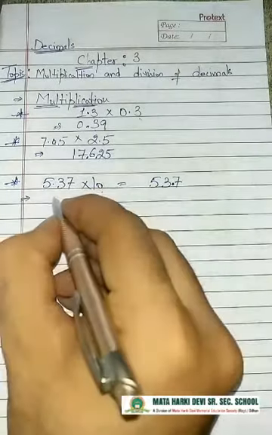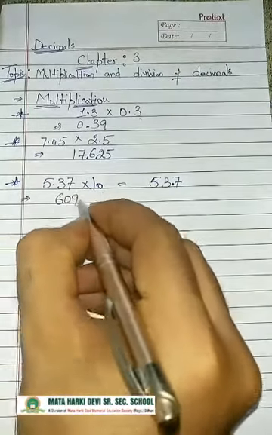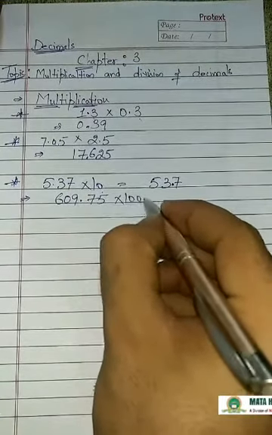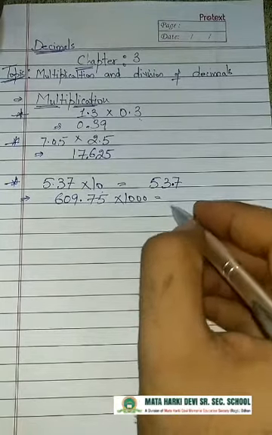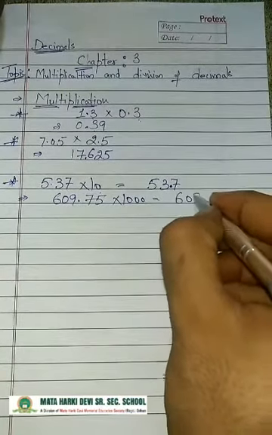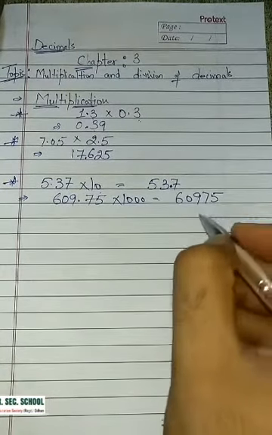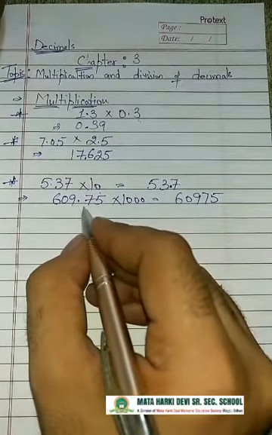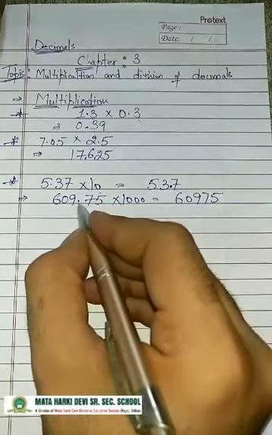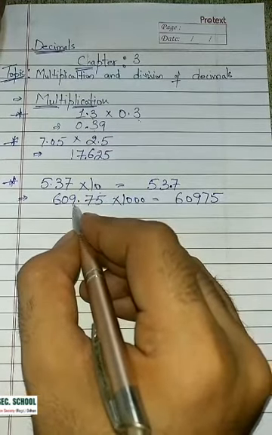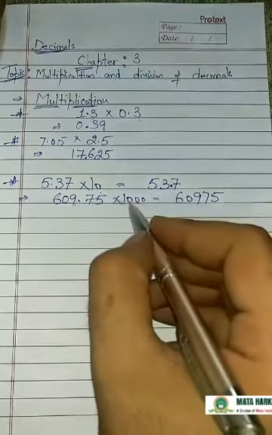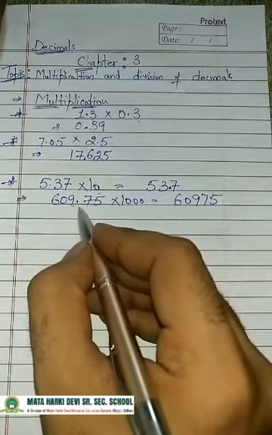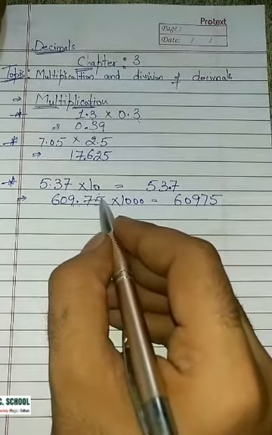Let us take another example, 609.75, and I'll multiply this by 1000. So firstly write this number, and in this number we have the decimal between 9 and 7. There are 3 zeros in the 1000, so you have to take the decimal 3 places to the right.